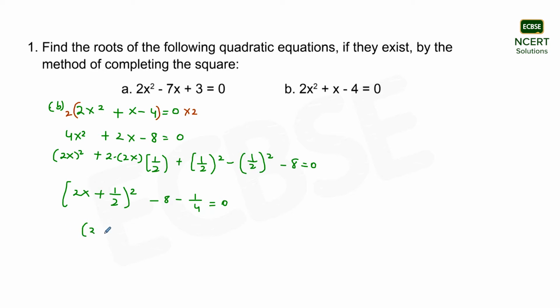Or 2x plus 1 by 2 whole square is equal to root 33 by 2. Right? And I can take the square root on both sides. So on taking the square root, I'll be getting either the positive or the negative of this term.